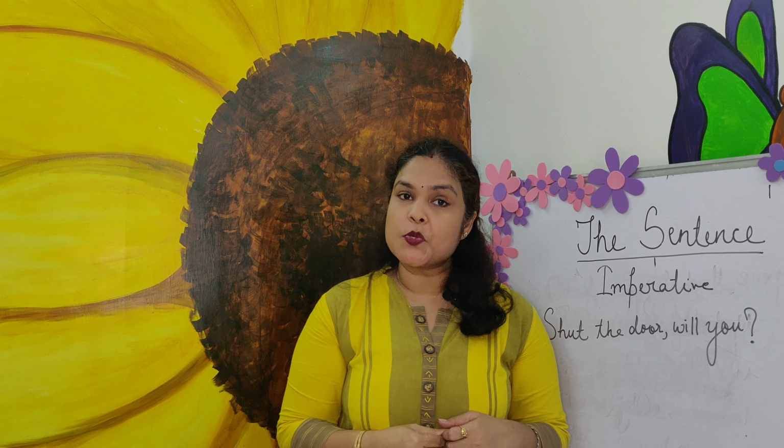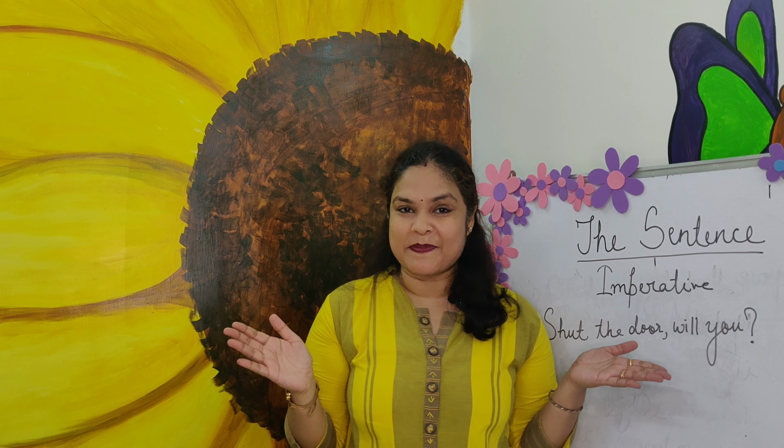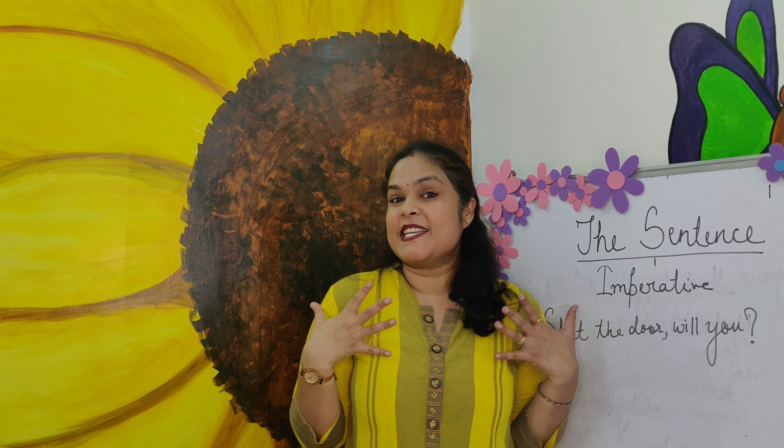So this was all about our class today, where we read about imperative sentences and exclamatory sentences. We also did a quick revision about declarative and interrogative. I am extremely happy doing the class! So see, this is an emotion. I put an exclamation mark, so this is an exclamatory sentence. I said I'm happy about the class.